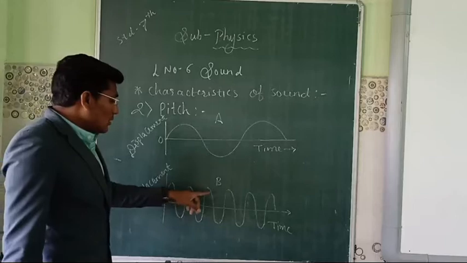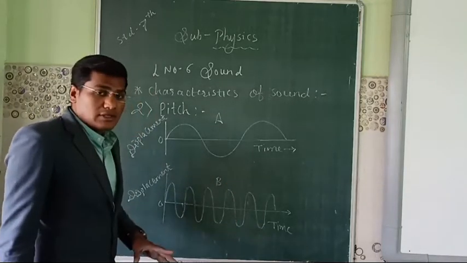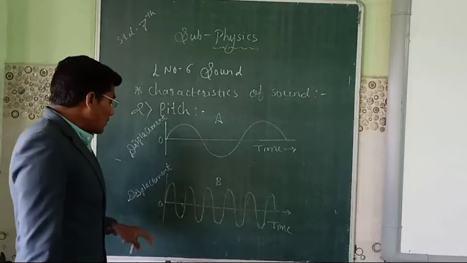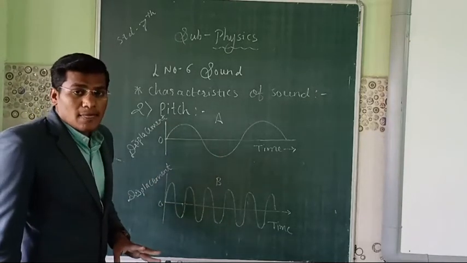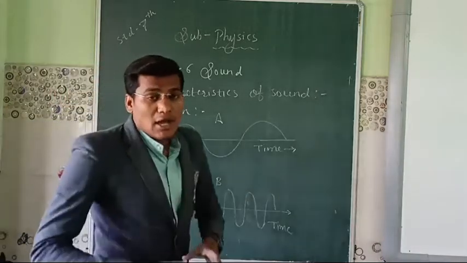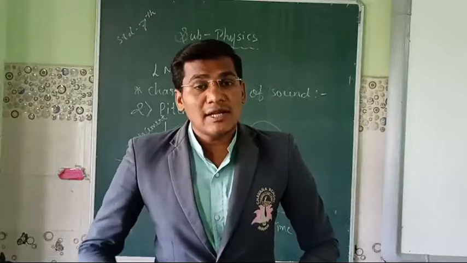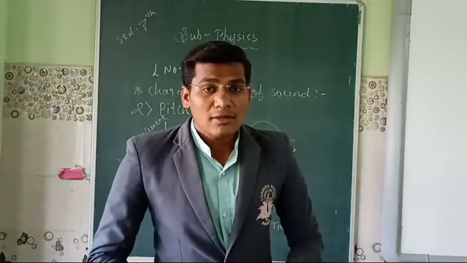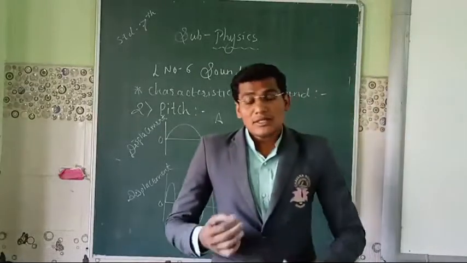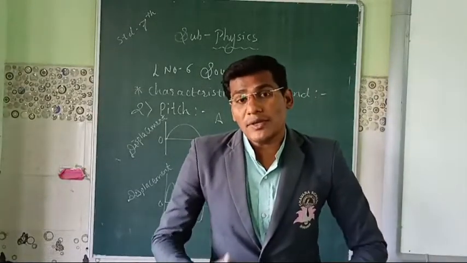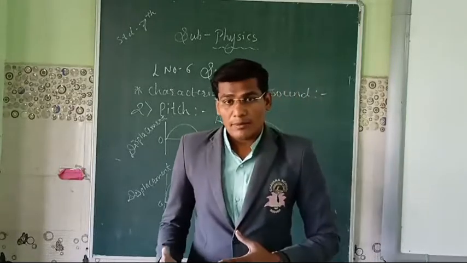That is why figure B, having more waves and more frequency, has more pitch than figure A. The sound which has more pitch is shriller than the sound which has less pitch. And the sound which has low pitch, we can say, is flat or grave.